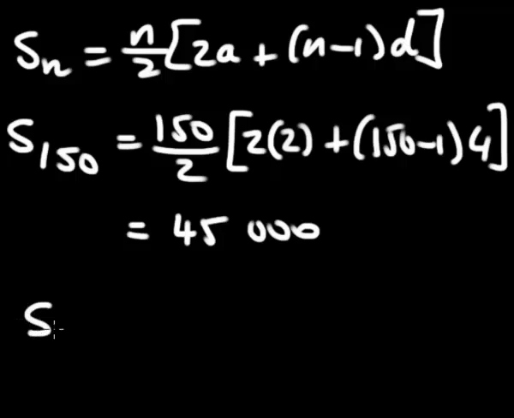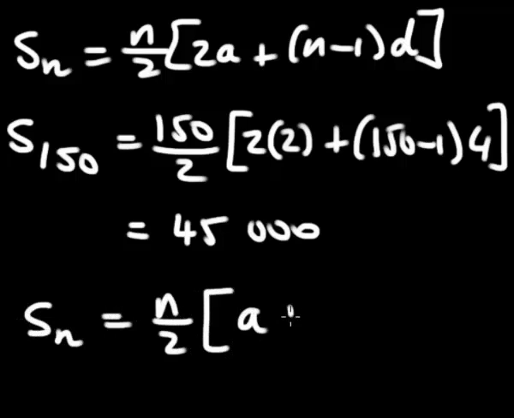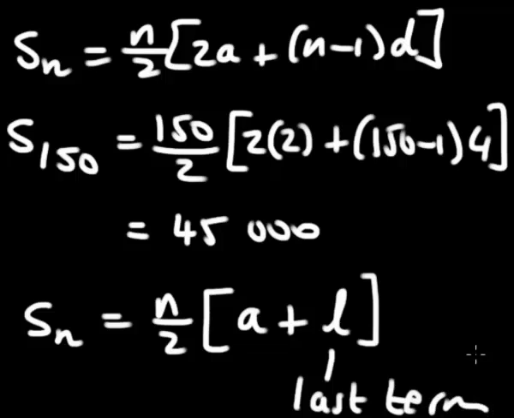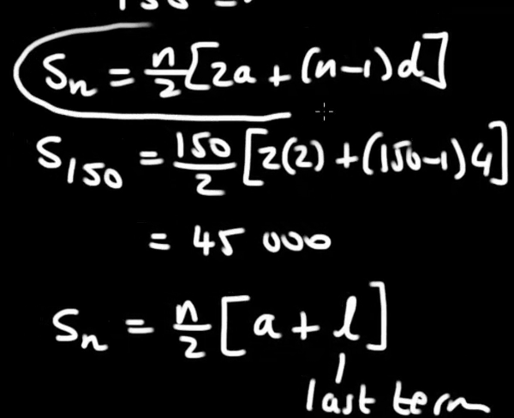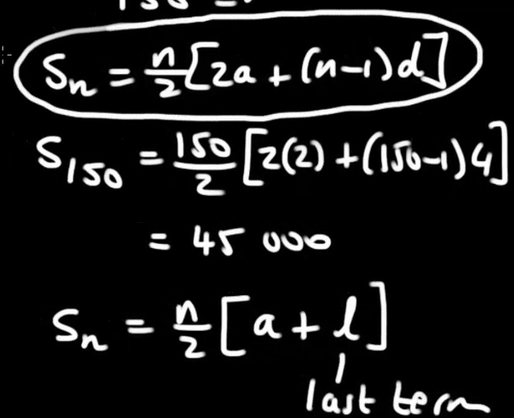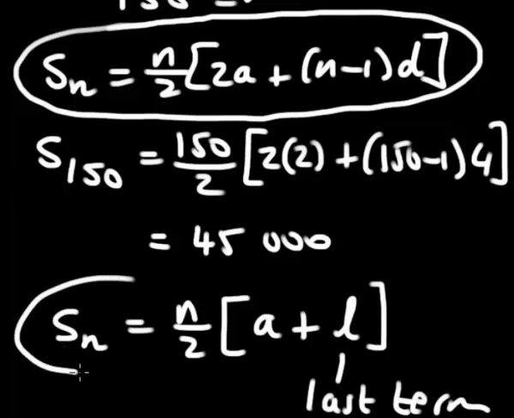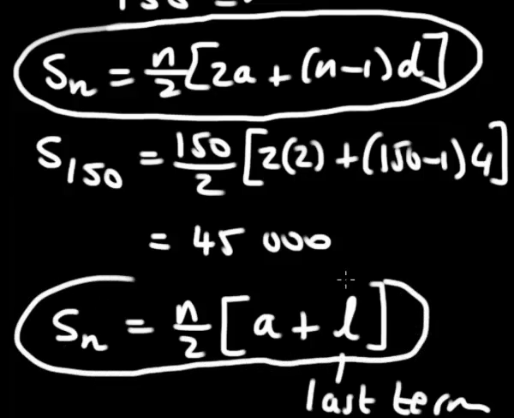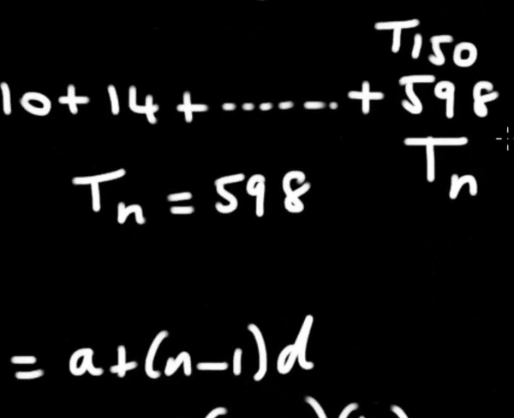By the way, there's another version of the formula. If you've got the last term, you could use this formula, n over 2 (a plus L), where L is the last term. That's also given on the formula sheet. You could use this formula for the summing of the first n terms of the arithmetic series, which is wonderful if you've got the last term, which in fact we do. The last term is 598.